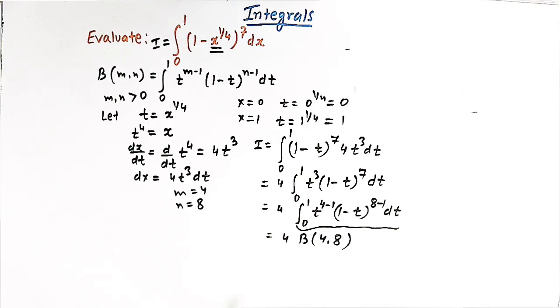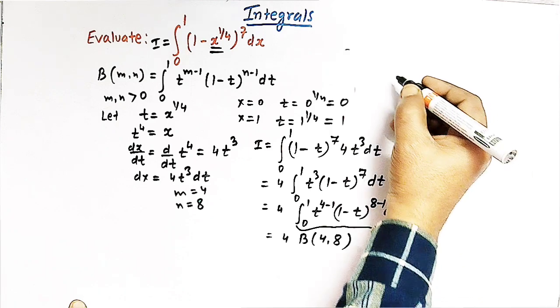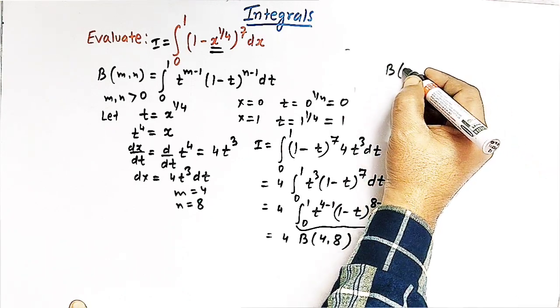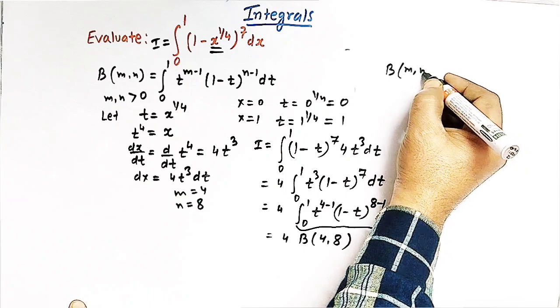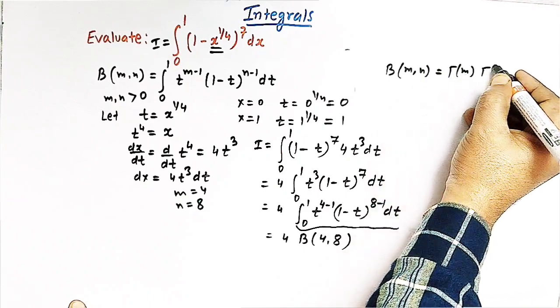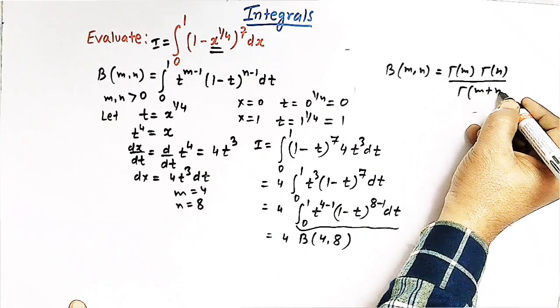So now let us find out the value of beta 4 comma 8, by using this important result, that is beta m comma n is given by gamma m times gamma n divided by gamma of m plus n.